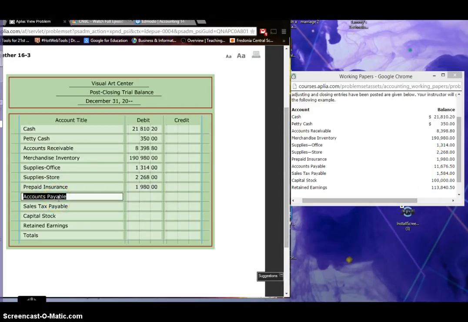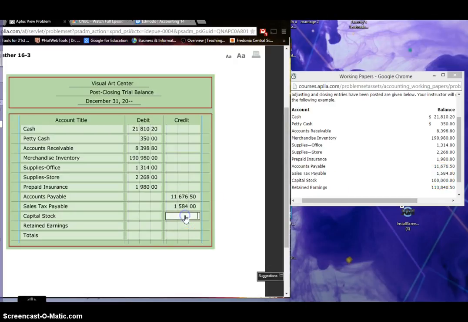And accounts payable, we know that anything with the word payable is a liability, and liabilities have normal credit balances. So we're going to start with the accounts payable account in the credit section, $11,676.5. Sales tax payable, another liability. We owe the sales tax that we've collected.